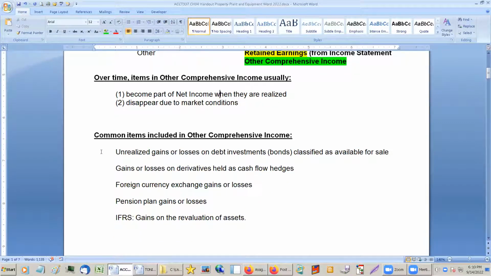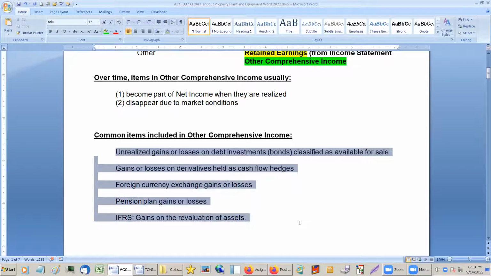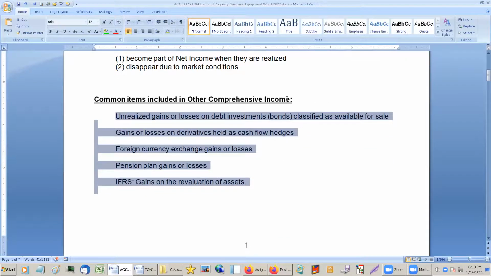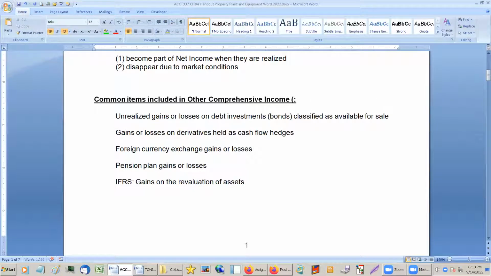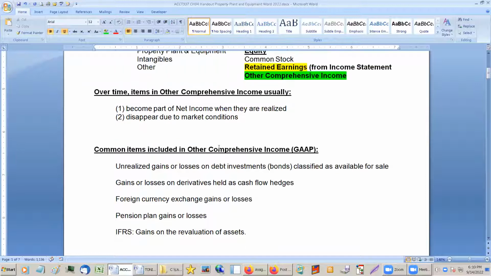Okay, so here are some of the common things that you're going to see on there. This is under GAAP. And you see they're kind of wacky stuff. You know, unrealized gains and loss on debt investments classified as available for sale.